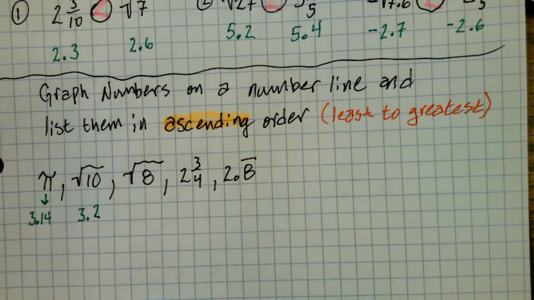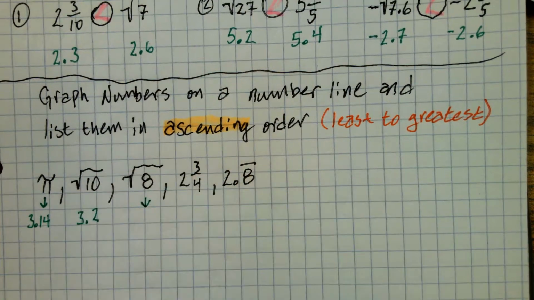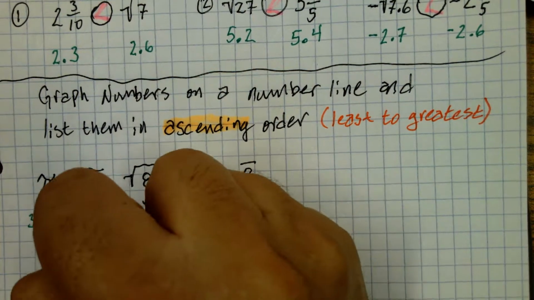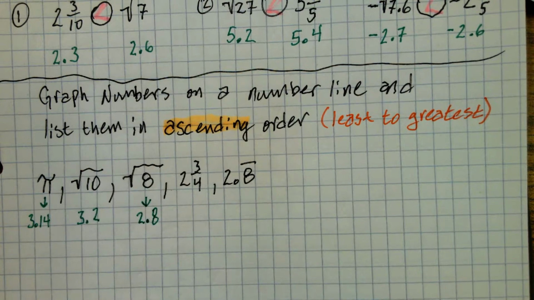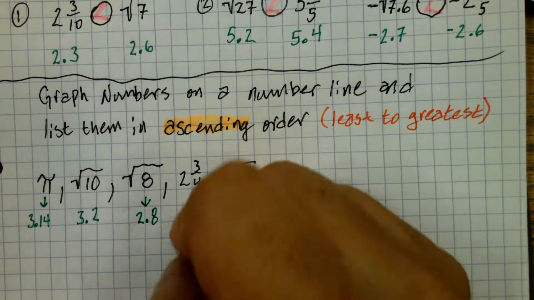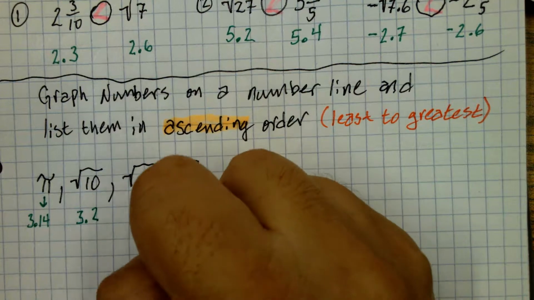Okay. Square root of 8. What would that be? 2.8. Yeah, 2.8, 2.9, one of those. Let's go 2.8. 2 and 3/4. Double check.